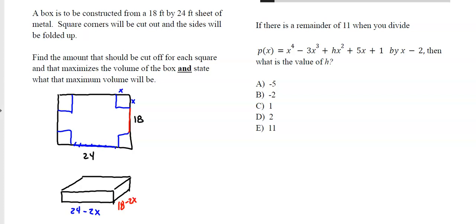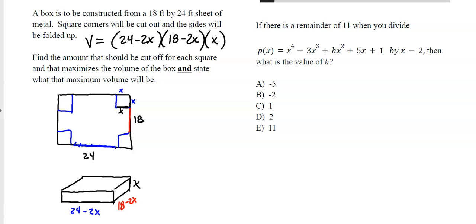And when you fold it up, these little pieces are going to fold up. They're worth x, so that's the height. So I can now write a formula for this box: the volume is the length times the width times the height.